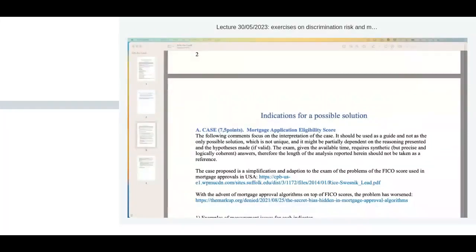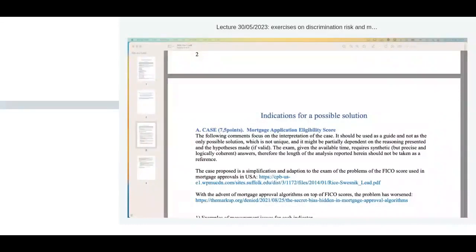Okay, I uploaded the solution, and now I quickly comment on it. Then you can take your time to check it and ask questions. As usually happens, I either take inspiration or directly take cases from real life.